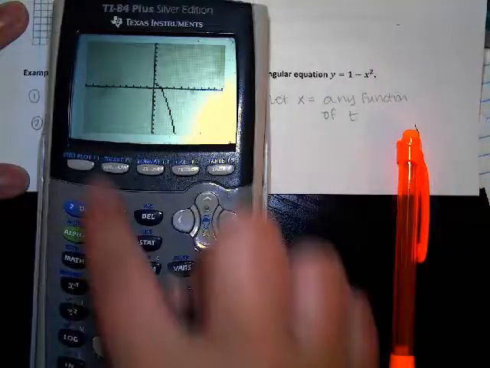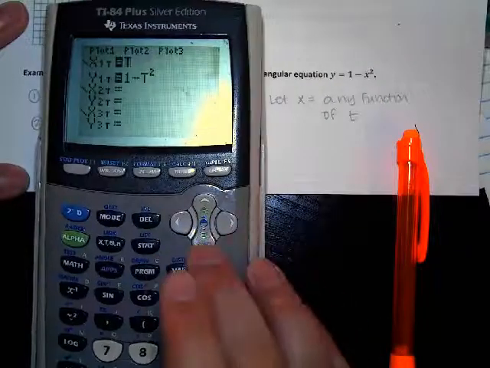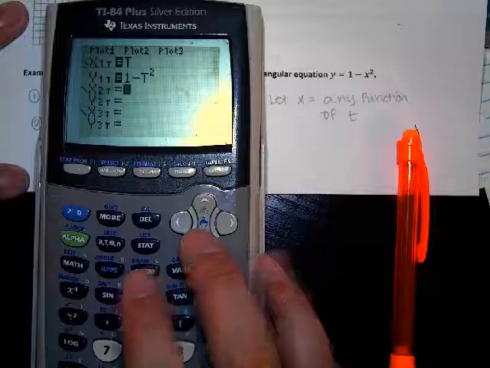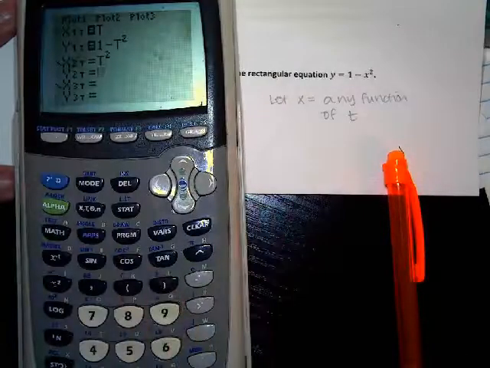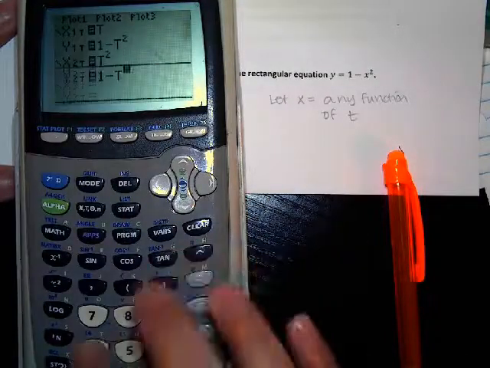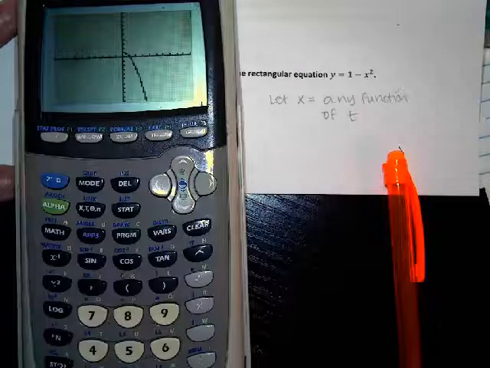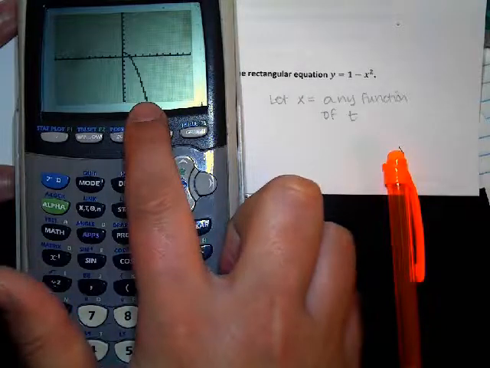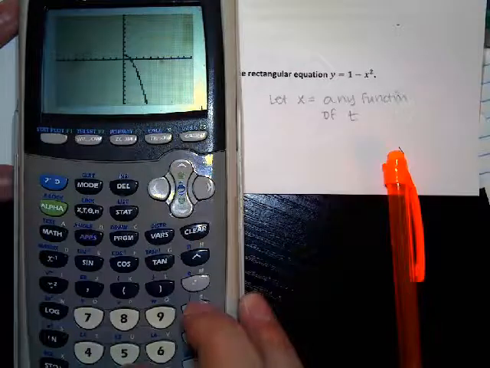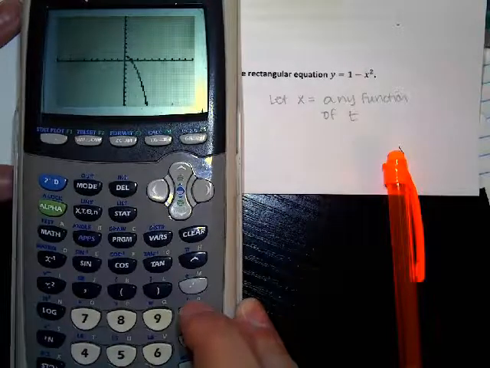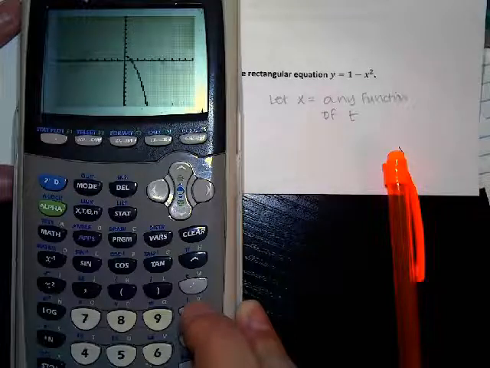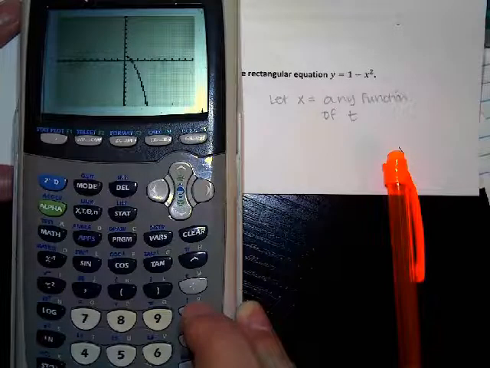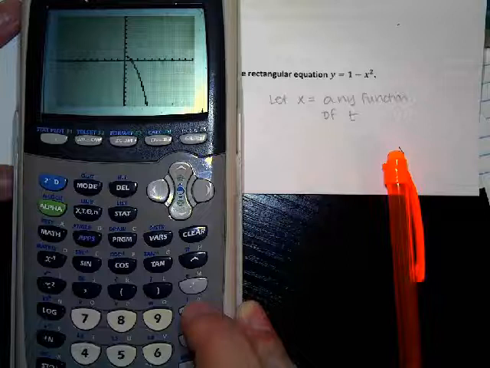So there's the first one that we had, and then we can go ahead and graph the second one, which was t squared and 1 minus t to the 4th. And it's not graphing anything different because it just graphed it right on top. Yeah, because your time is always positive.